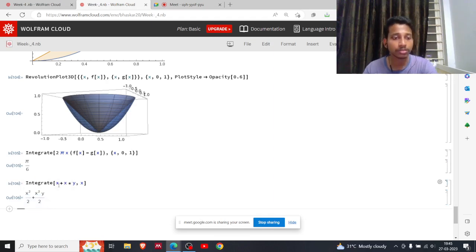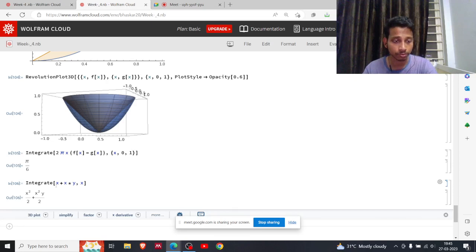Here this function has two variables, x and y, but it is only integrated with respect to x. That's why we get the answer as x square by 2 plus x square y by 2.